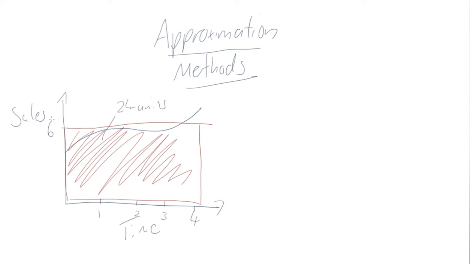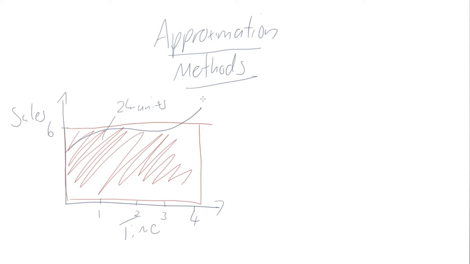Depending on what the units are here, it might be thousands, it might just be products, but this area under here will be important in terms of finding how much something's happened over time. Sales is just one example of that.